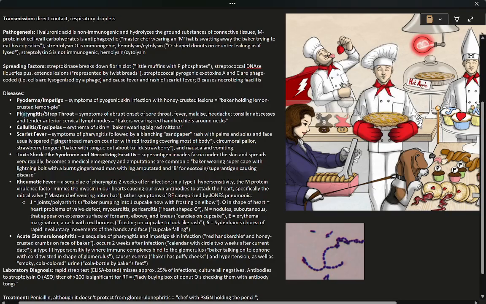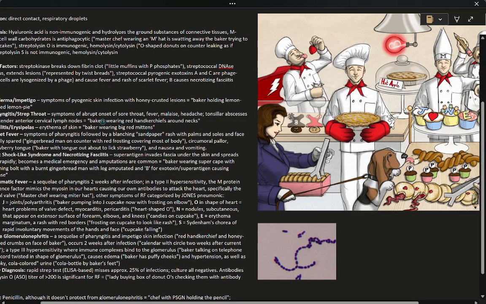Probably the most important one is the pharyngitis and strep throat. So, symptoms of abrupt onset of sore throat, fever, malaise, and headache can be induced by this bacterium. And the tonsillar abscesses and tender anterior cervical lymph nodes can also occur.